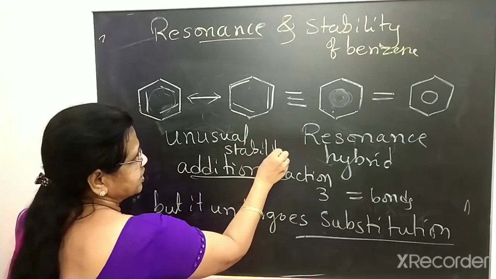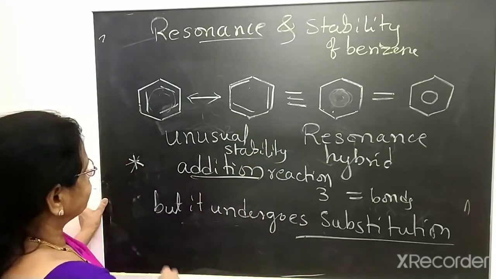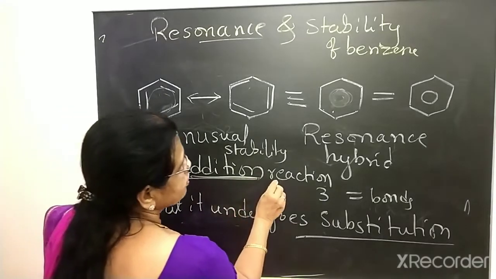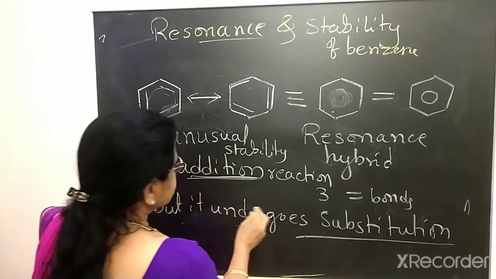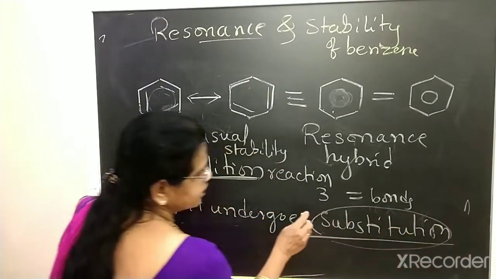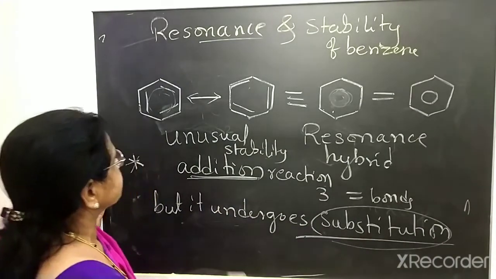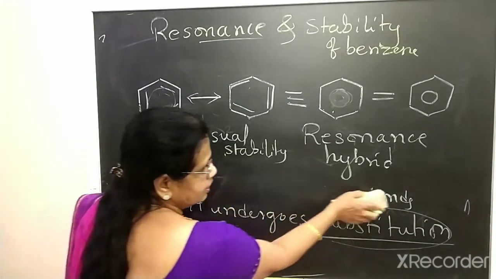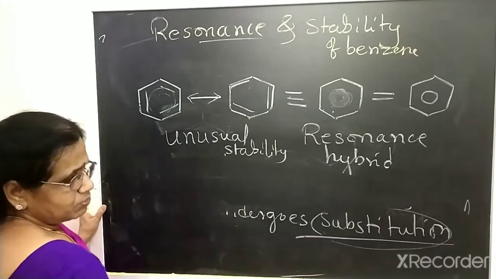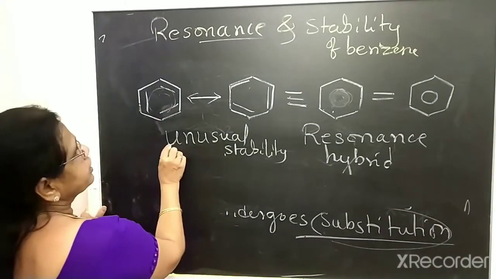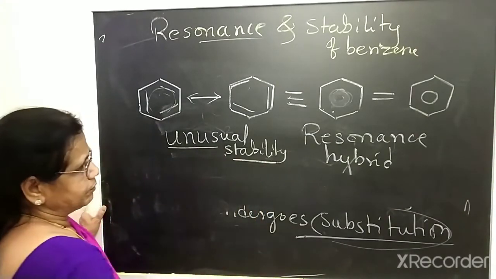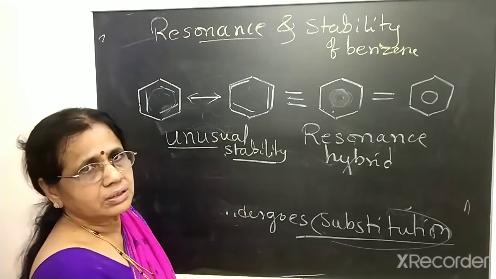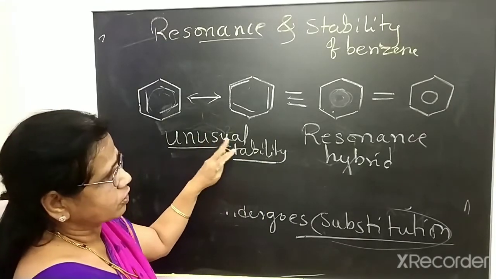There are limitations of the Kekule structure. The first limitation is that it undergoes substitution reactions instead of addition reactions, though it contains 3 double bonds. Another limitation is its unusual stability. It is not explained by this Kekule structure.